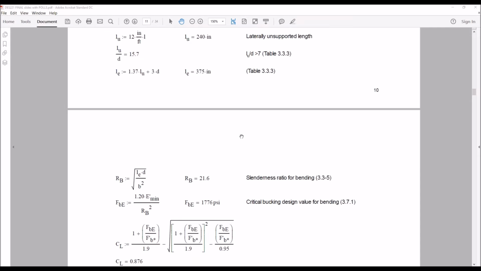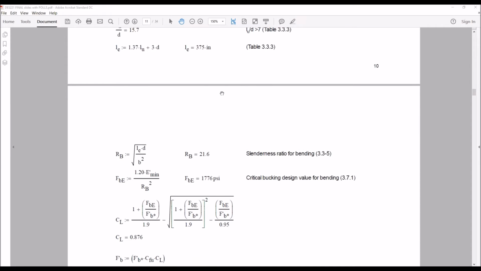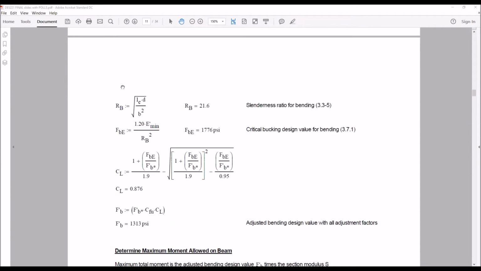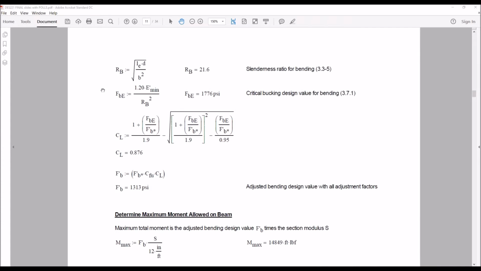What that number actually is is not necessarily super important, but you do need it to calculate this slenderness ratio for bending, this R sub B value. Calculating that is then plugged into the critical buckling design value, this F sub BE, which we use then in this equation for C sub L, which again is your beam stability adjustment factor.